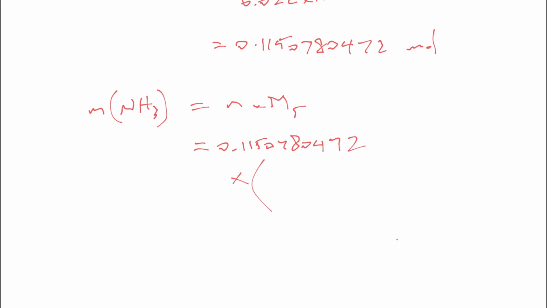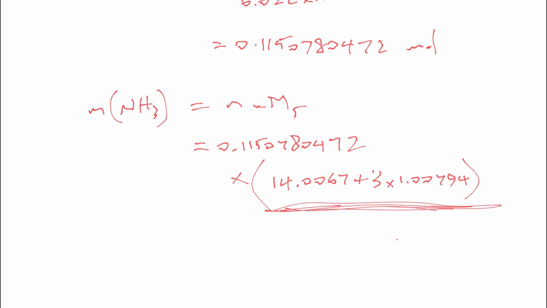Well, for that we just go to our periodic table. We see nitrogen is 14.0067. We have 3 hydrogens, so add to that 3 lots of hydrogen, which is 1.00794. So this part here is finding our relative mass of ammonia.